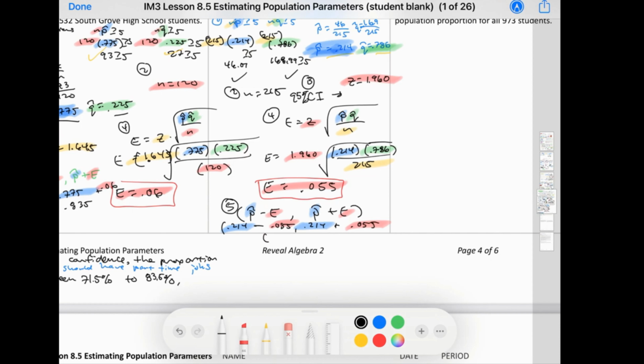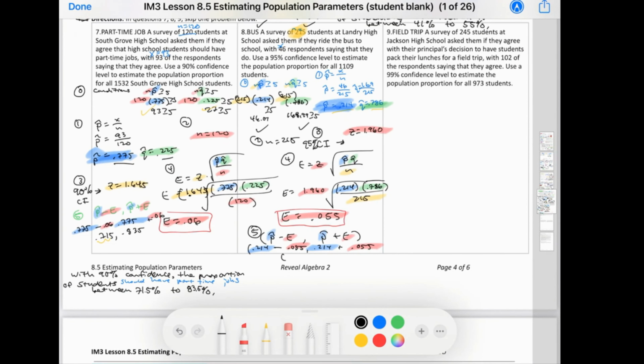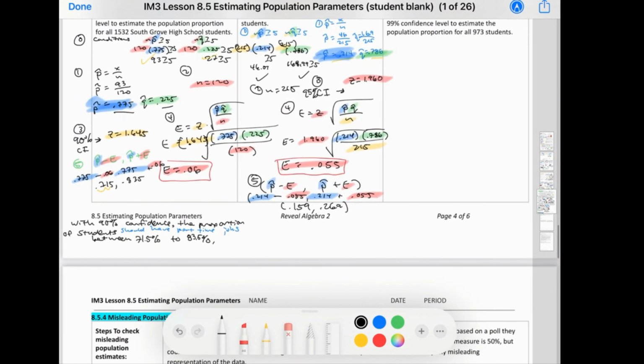And if you calculate those numbers, question number 8, blah, blah, blah. Put in the calculator, 0.214 minus 0.055 will give us 0.159. And 0.269. And let's go to our friend Magic.